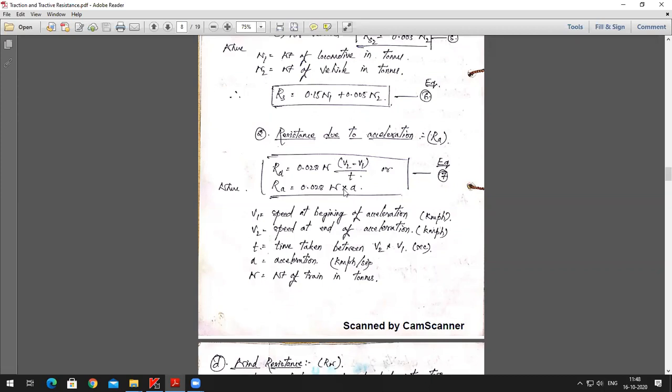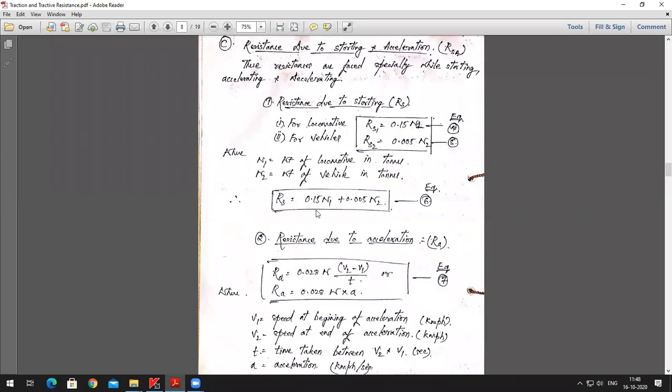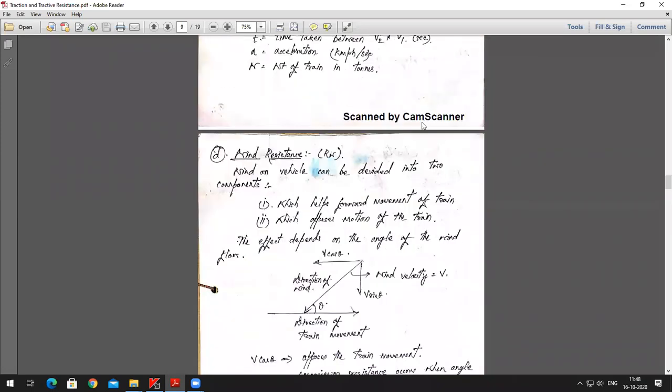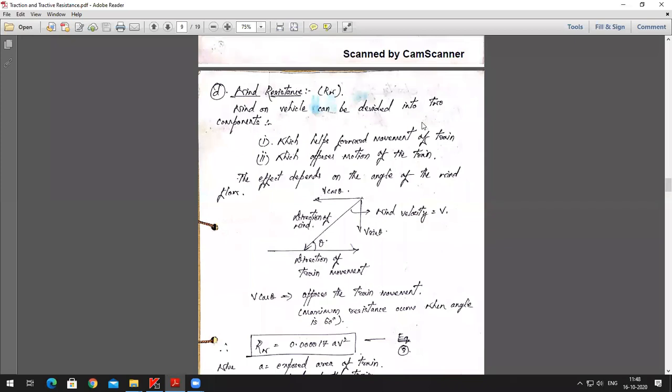It depends on what data is being given to you in the problem. So that's about the resistance due to acceleration. The sum of Rs and Ra would give you Rsa, that's the resistance due to starting and acceleration. So that's the second last resistance.